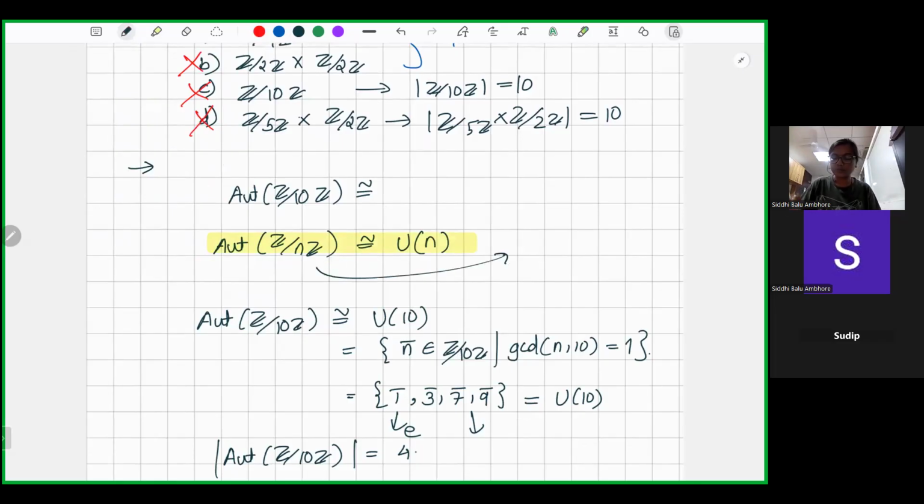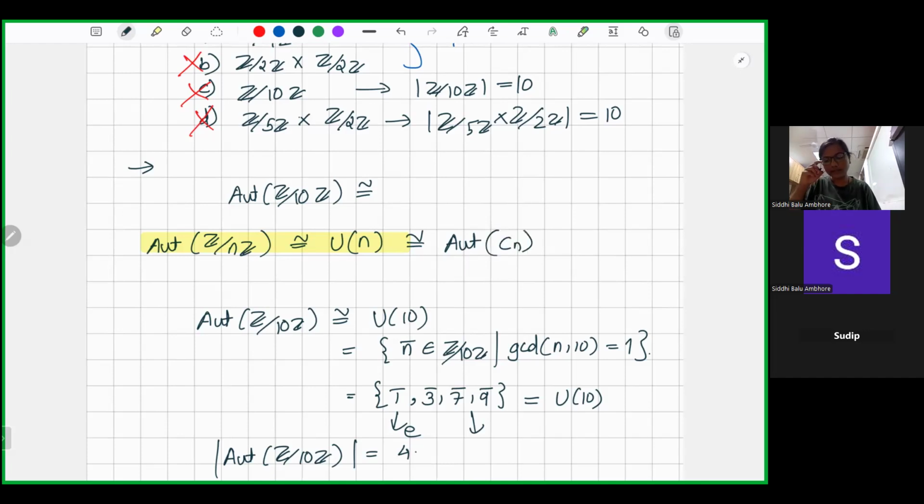This is also the automorphism group of any cyclic group of order n. Let me write it here, Cn. This is not a standard notation, or even if it is, I don't know, but this Cn means the cyclic group of order n.